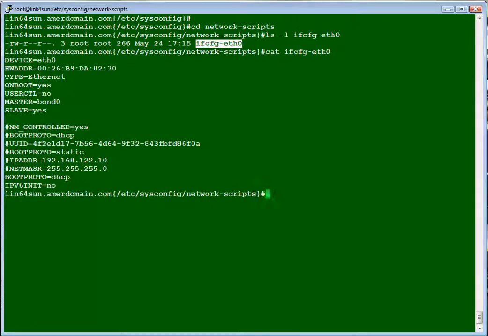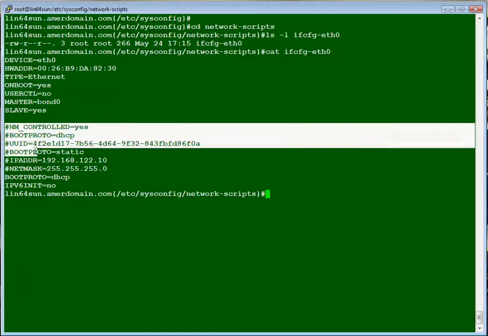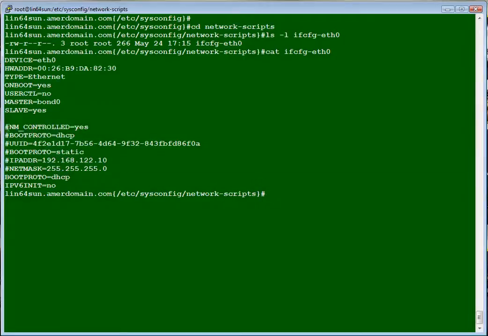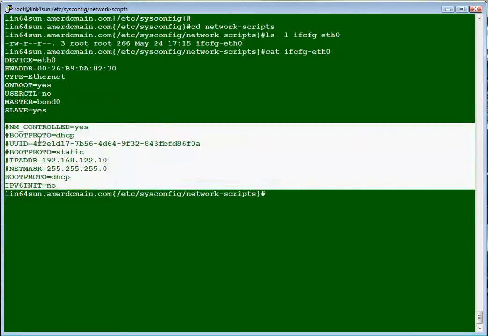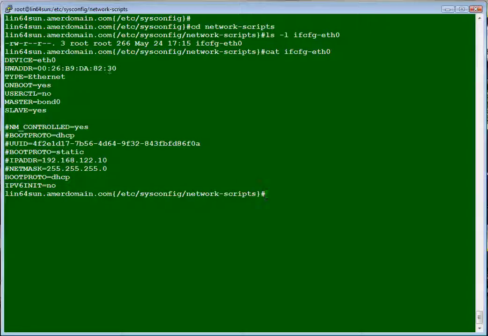You can see this is commented out right now because there was a different configuration we put in place, that is called bonding.